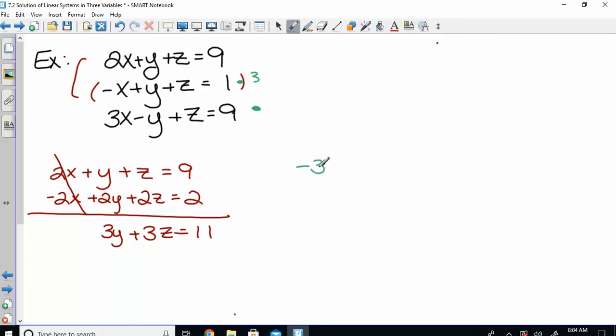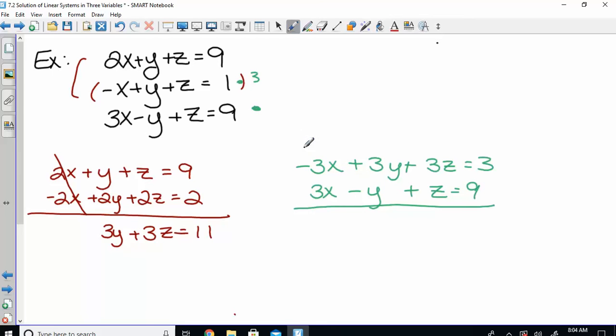So that would give me a negative 3x plus a 3y plus a 3z equals 3. And the third one, 3x minus y plus z equals 9. My x's drop. 3y and negative y would be a 2y plus 4z equals 12.